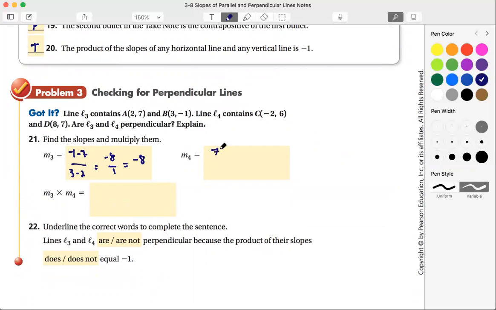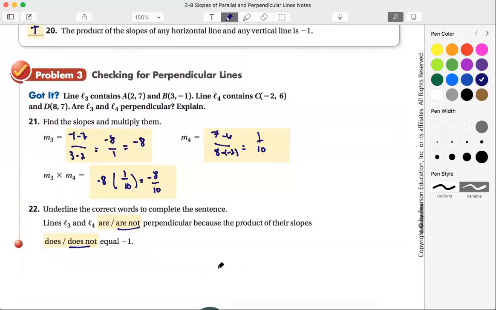M4: 7 minus 6 over 8 minus a negative 2 equals 1 over 10. Negative 8 times 1 over 10 gives us negative 8 over 10. So lines 3 and 4 are not perpendicular because the product of their slopes does not equal negative 1.